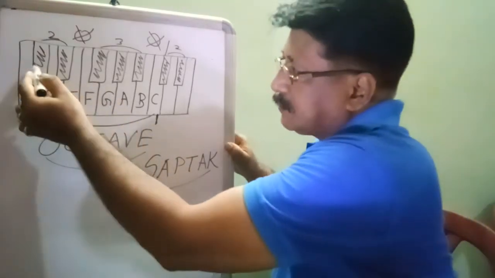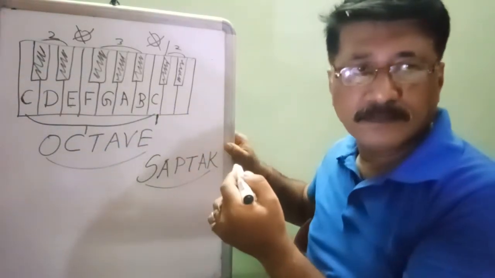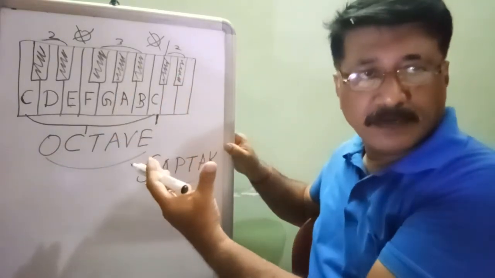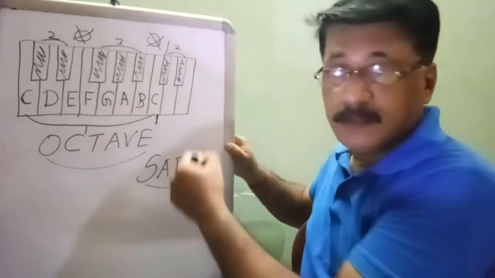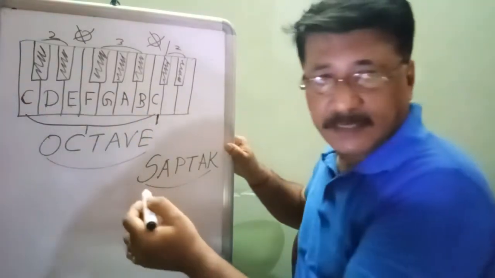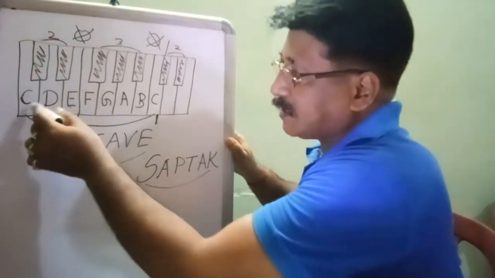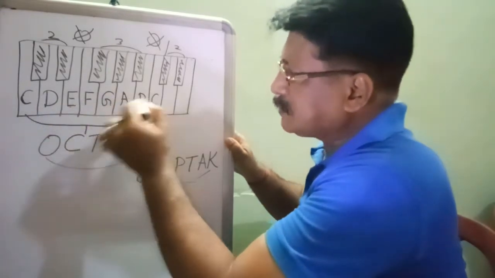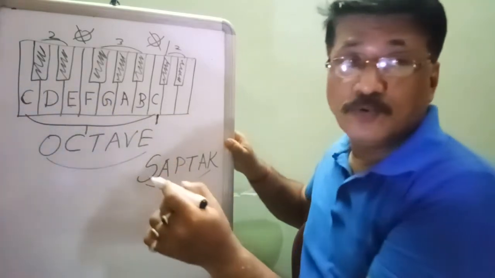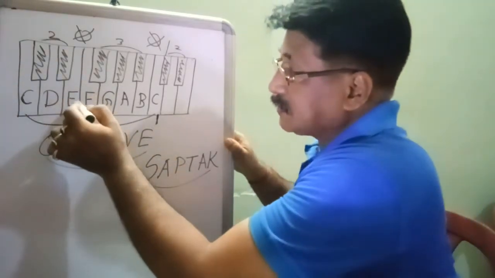And these black keys are called sharps or flats in Western music. In Indian classical music, if we take C as sa, then the next is sa, re, ga, ma, pa, dha, ni, sa. This black key will be considered as Komal Re. This is Ga.